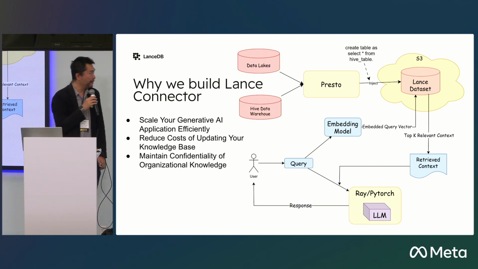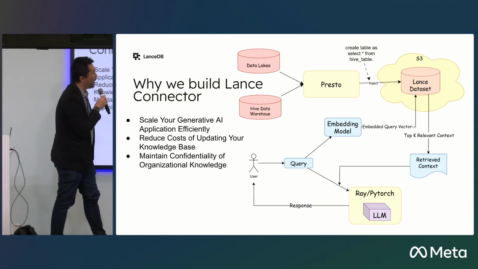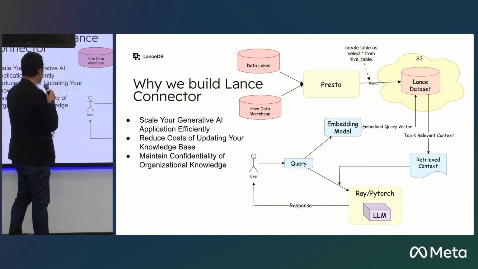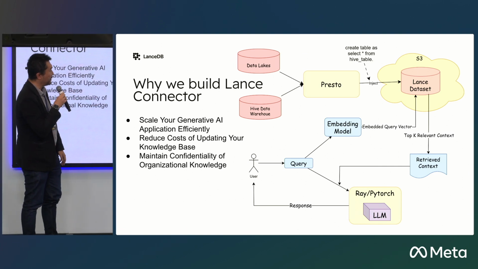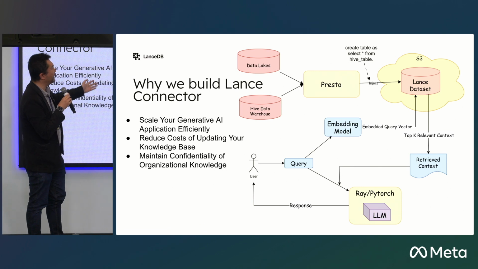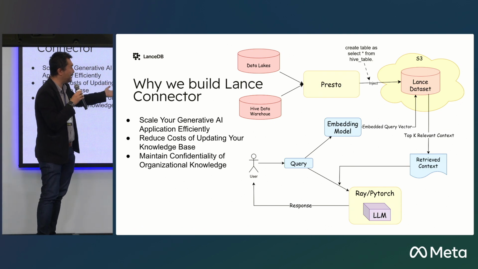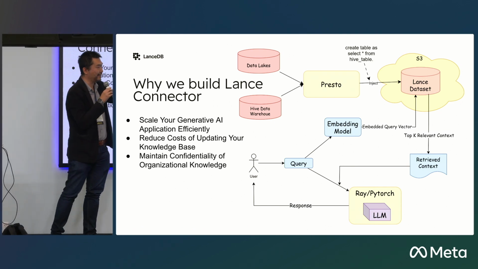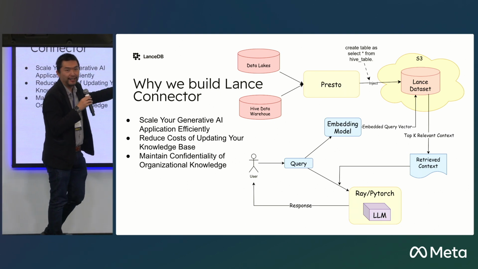This graph shows how to connect Presto and Lance into your GenAI architecture. I think most companies have already been there for a while. You already have the Hive data warehouse, and maybe you have several petabytes of data in your data lakes, like Hudi or Iceberg.